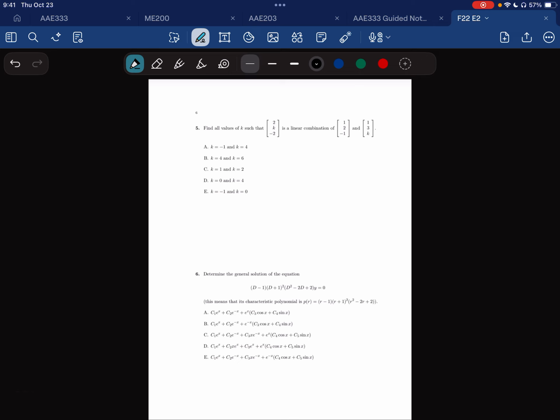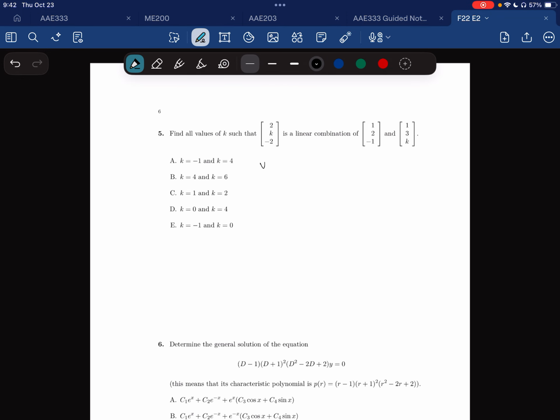on to more linear algebra. We need to find the values of k such that (2, k, -2) is a linear combination of these two vectors. What makes something a linear combination? Well, let's say you have some vector v. v has to be equal to c1 v1 plus c2 v2 all the way to cn vn, such that c1, c2, all the way to cn are just scalars, and v1, v2, and vn are your vectors.